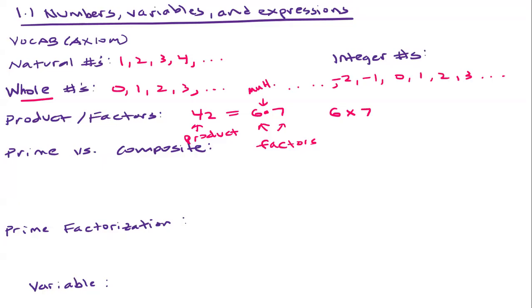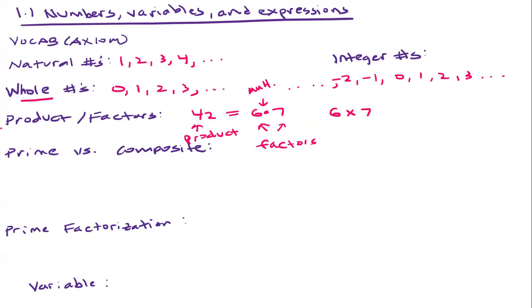Name me some prime numbers. What are they? All right, so it's going to be bigger than one. By definition, one is not a prime number.